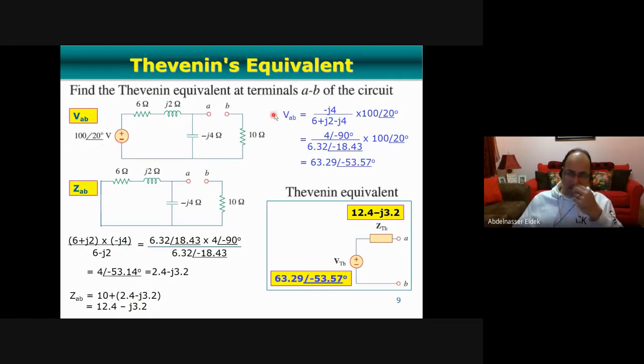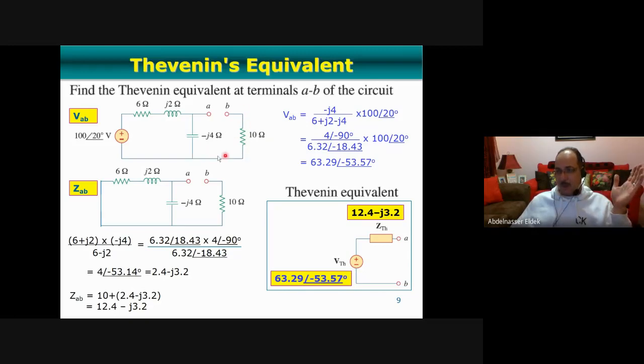If you want to calculate V Thevenin, which is the voltage between A and B, here is the circuit. What is the voltage between A and B? The voltage between A and B actually is the voltage across this capacitor. Why? Because this 10 ohm resistor will not have any current.